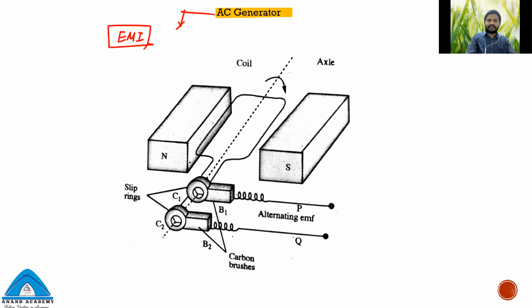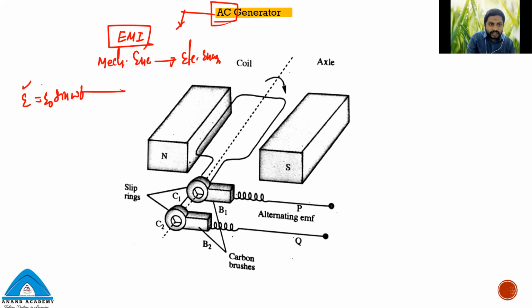What is electromagnetic induction? Whenever there is a magnetic flux change, an induced EMF will be produced, right? So now in this AC generator, how is the energy converted? Mechanical energy is converted into electrical energy, an alternating current generator. Okay, and E is equal to E naught sine omega t.